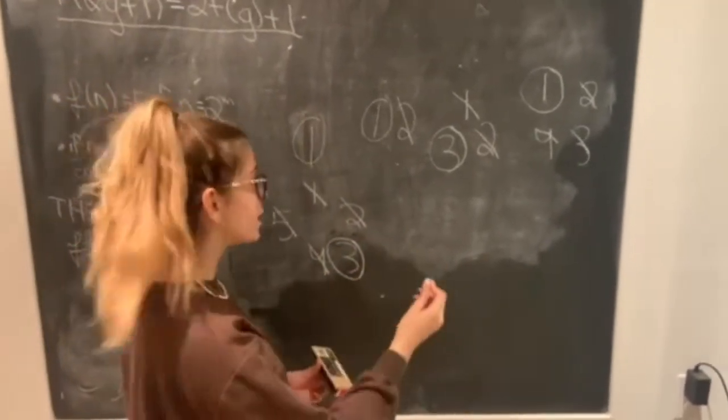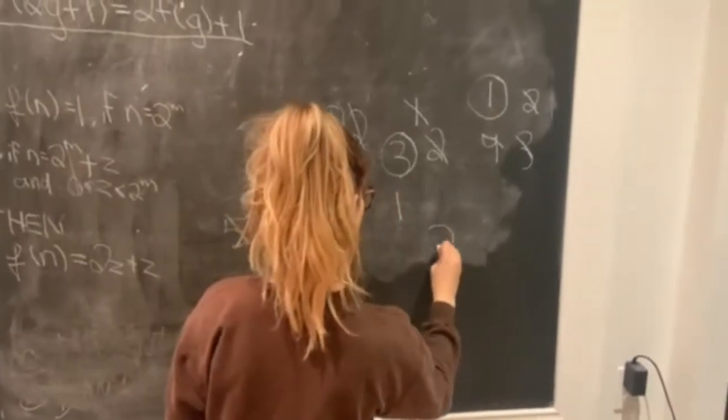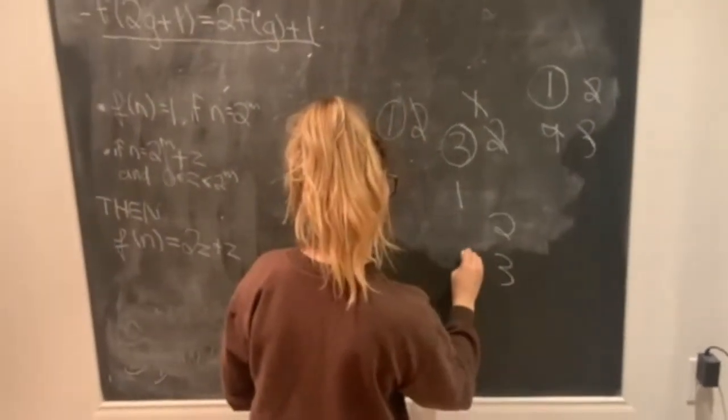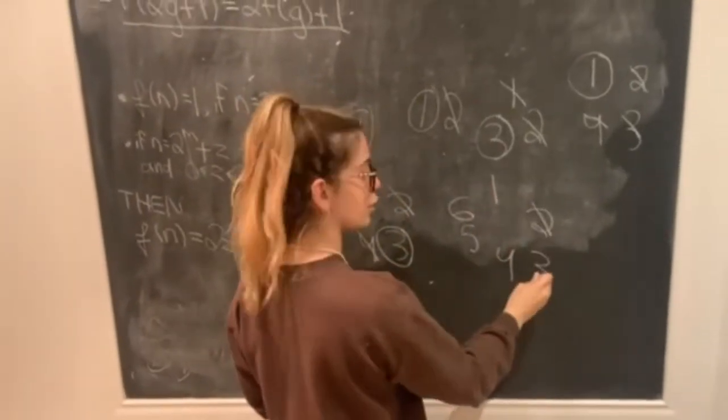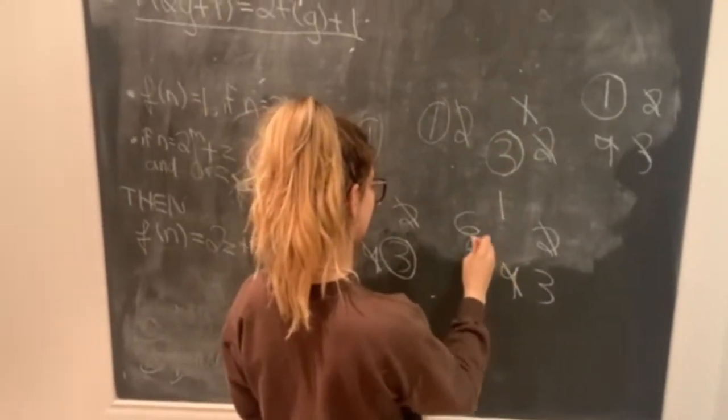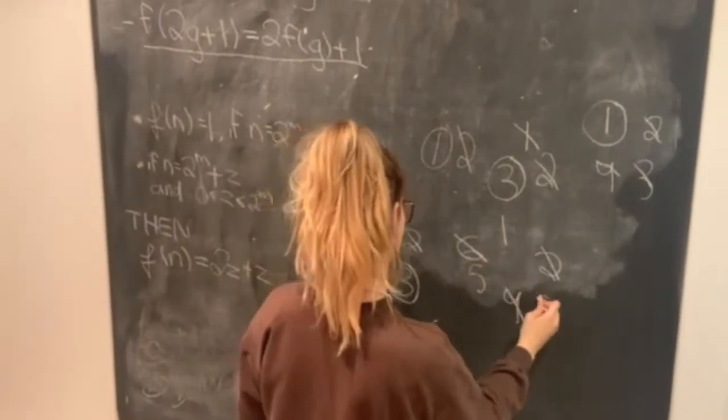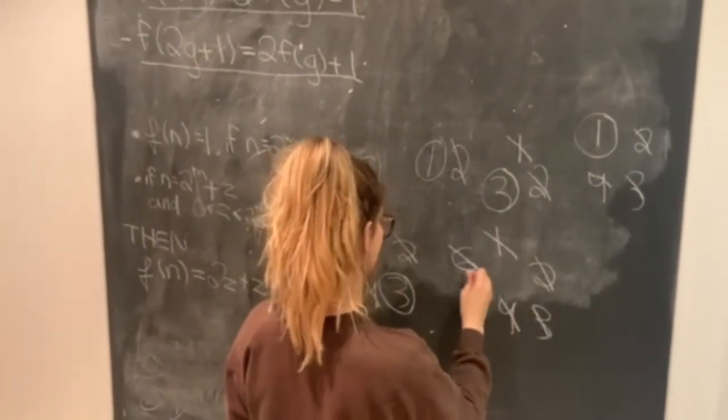Let's say we now did 6 people. 1, 2, 3, 4, 5, 6. 1 would kill 2, 3 would kill 4, 5 would kill 6, 1 would kill 3, 5 would kill 1, and we're left with 5.